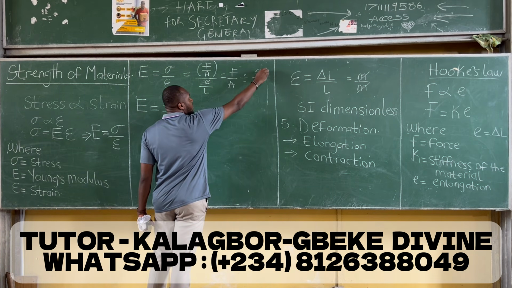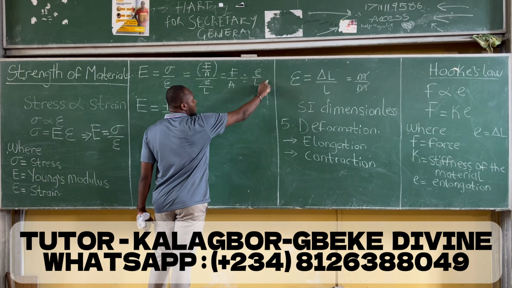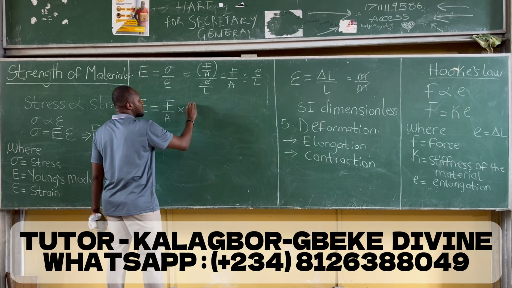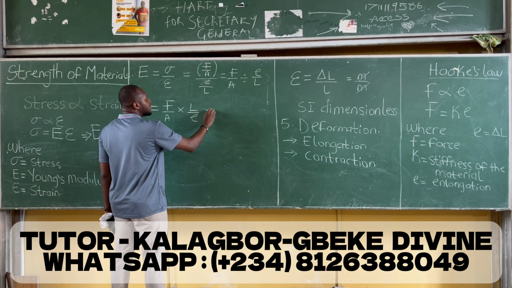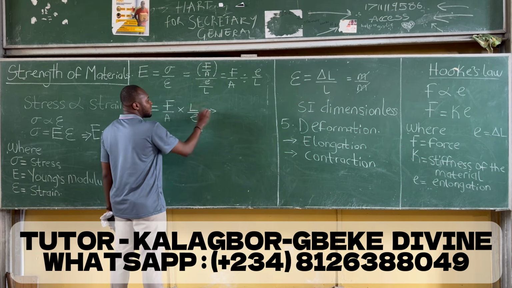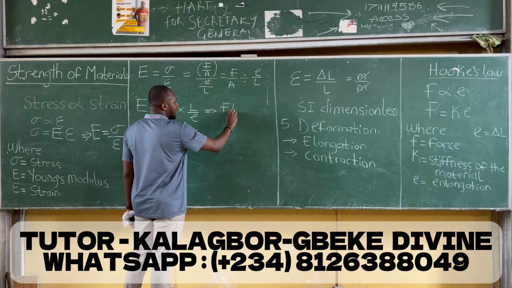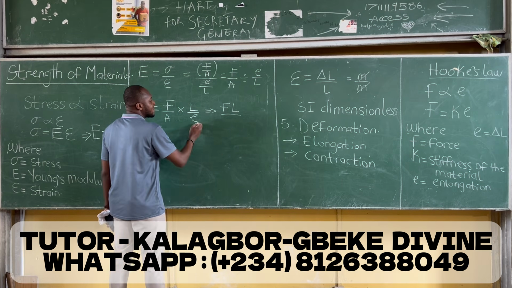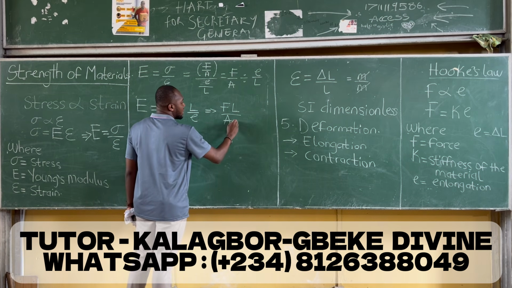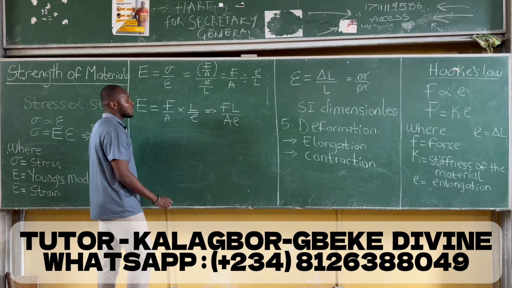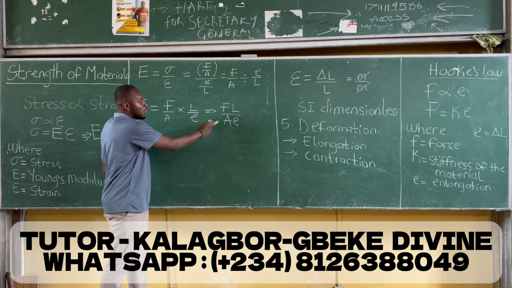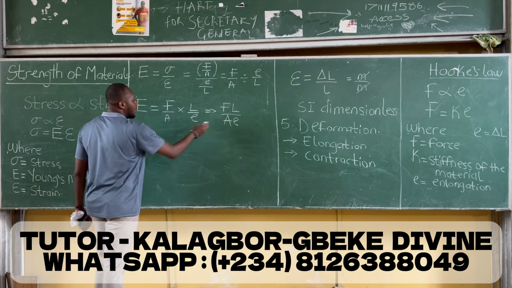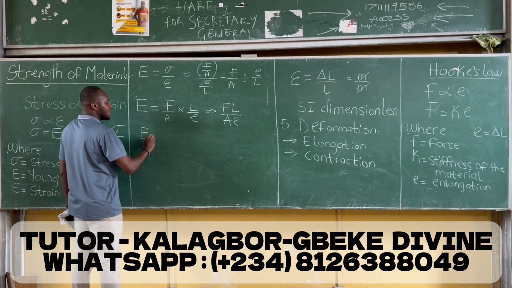The denominator will come to the numerator, and the numerator will go to the denominator. So we have length over elongation, right? F times L will give us FL. A times E will give us AE. So now we have that Young modulus is equal to FL over AE.